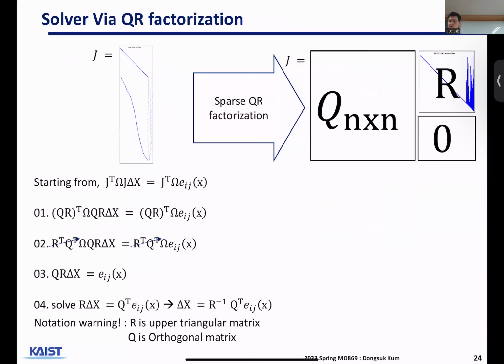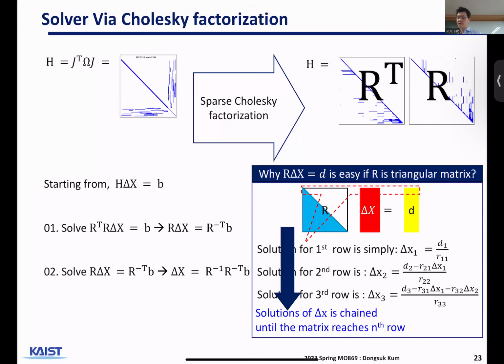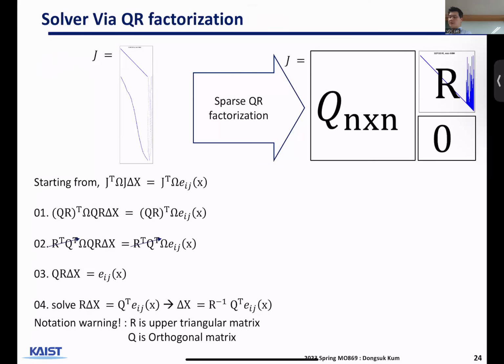And let's move on to the second approach, QR factorization. In this case, whereas Cholesky factorization does H to R transpose R, here we are factorizing J equals Q times R over zeros matrix. And given that, let's plug those into the equation.